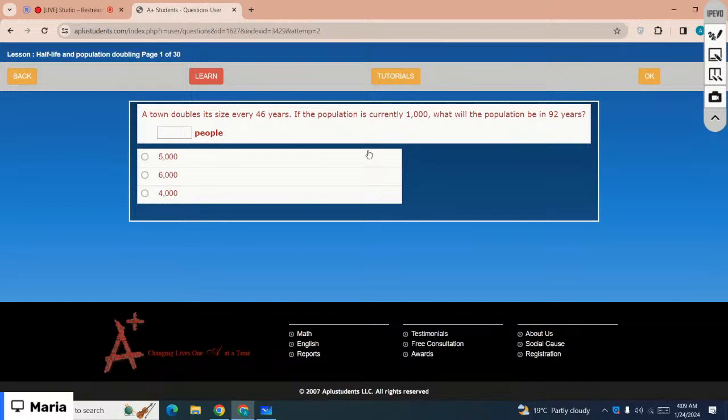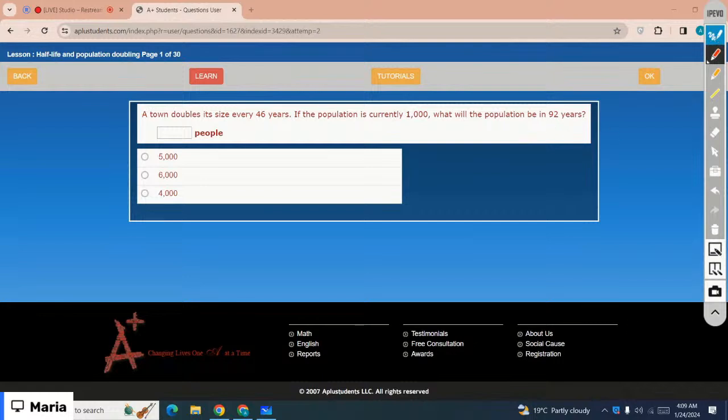So first you have to see, from 46 years to 92 years, how many times it doubles. 92 divided by 46 is 2. That means until 92 years, the population doubles twice.